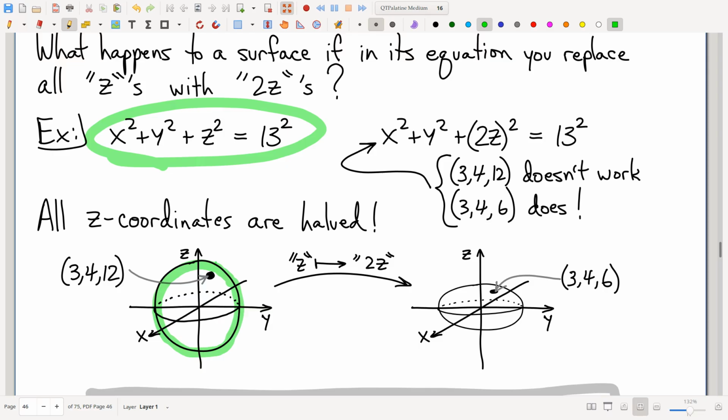Okay, here's the weird question I want to ask. If, weirdly, I were to say, hey, everywhere I have a z, I would like to replace that z with 2z. I'm going to get a different equation. That's a weird thing to want to do, but let's just play the game.